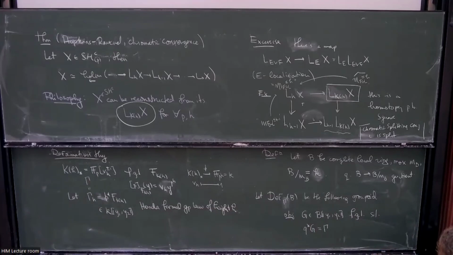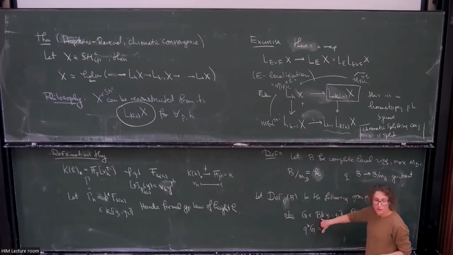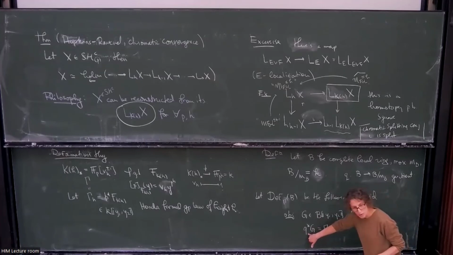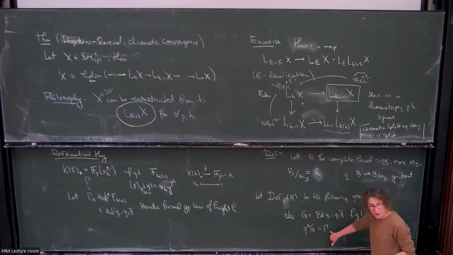Yeah, go ahead. Q star seems to be going the wrong way. So you would have preferred if I wrote Q lower star. I have G as a formal group law over the bigger ring, and then I take the coefficients and mod out the coefficients by M. And then I get gamma. Gamma is a formal group law. Okay, so it's covariant.